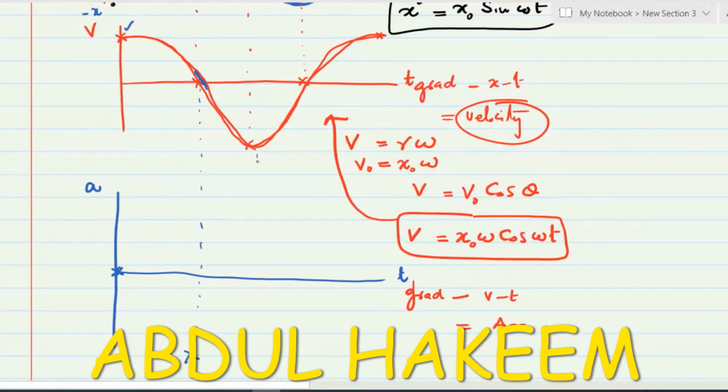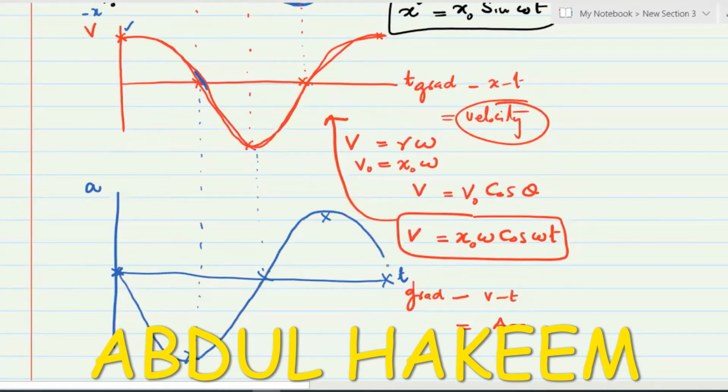At this point, the gradient is 0, turning point, so acceleration is 0. At this point, the gradient is maximum and positive, so it's maximum positive. And at this point, turning point, the gradient is 0. So 1, 2, 3, 4, 5. So again, this is the graph. This is the acceleration against time graph.